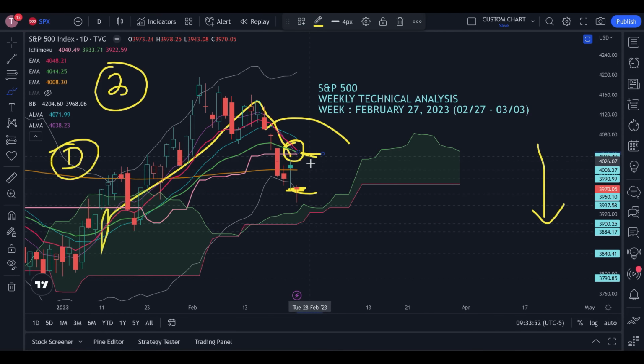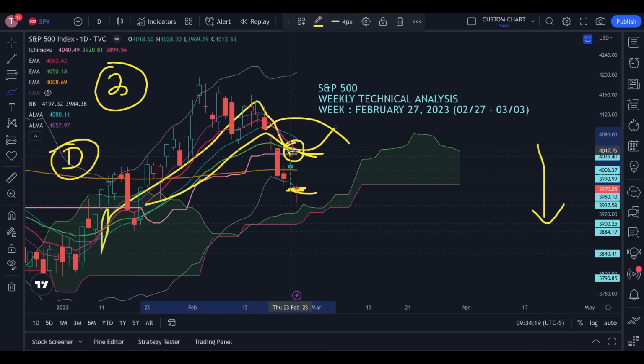Slip means that one thing was supposed to happen, but that has not happened. Rather, the stock market, or that particular index, in this case the S&P 500, has regained the bullish trend. So the chances of seeing a slip are less than 1%. So 99.5%, 99.9%, a bearish crossover will be seen on Monday.